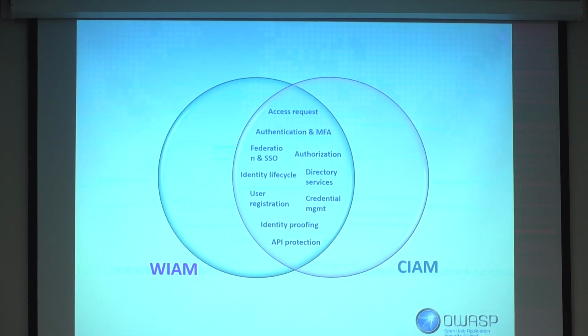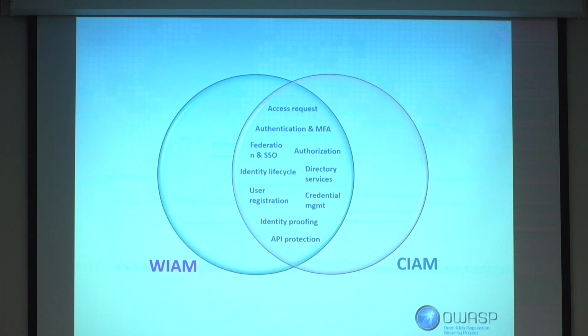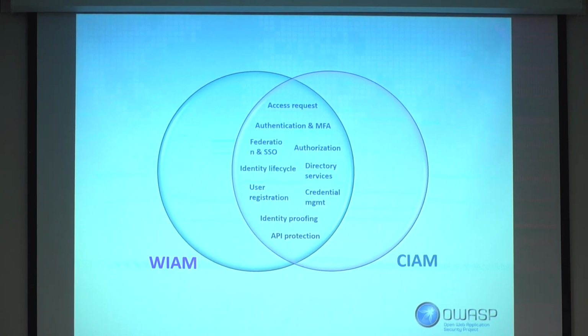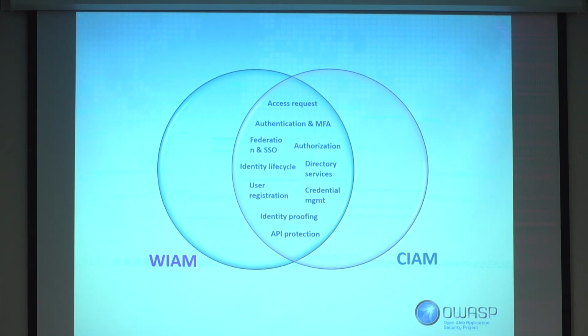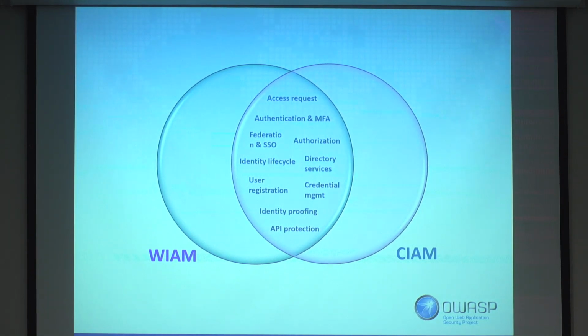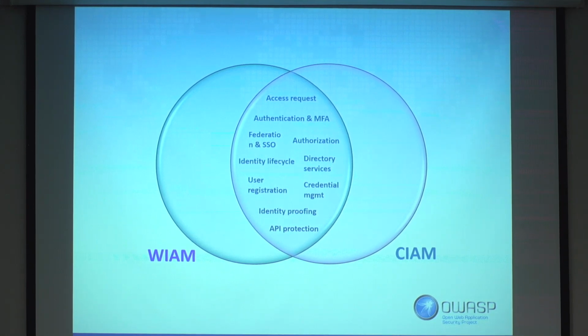At a high level, both IAMs process access requests, right? At work, you want to access your work resource, the data or whatever you're doing for work. Or with CIAM, you want to book a flight, right? Those are all requests for access, either data or services. In order to do that, they both have to have authentication. Some have multi-factor authentication.